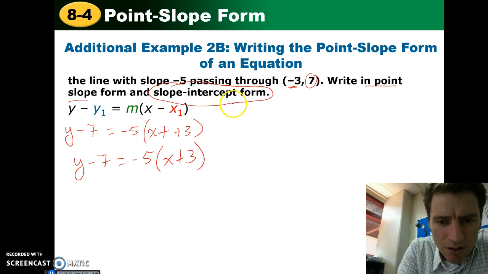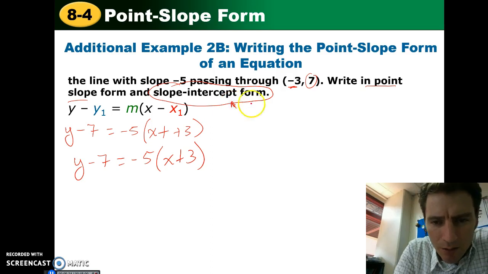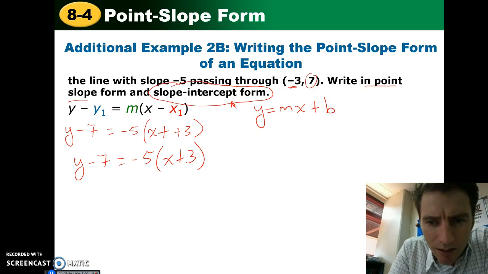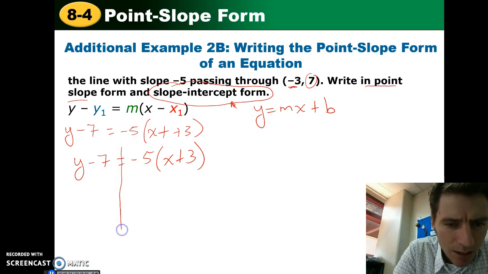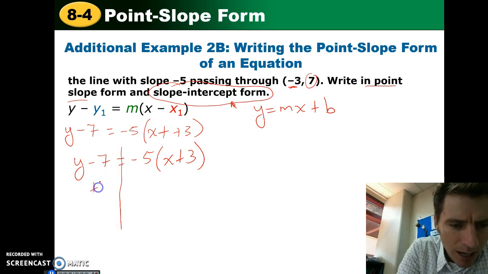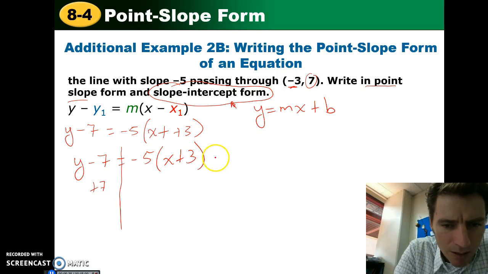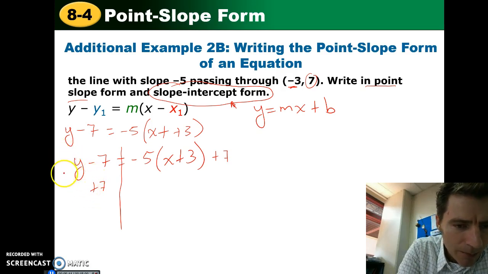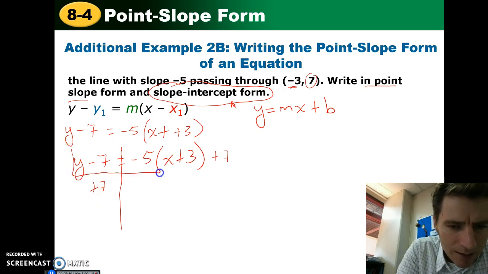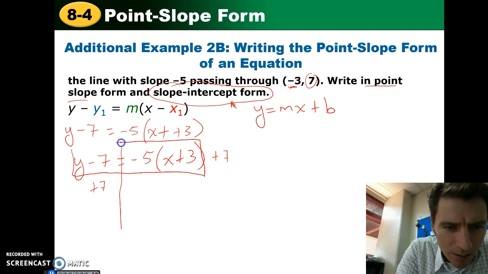I want to change it to this form here. And if you remember, this form is y equals mx plus b. So what I have to do now is solve for y. I'm going to add 7 to both sides. Now, I'm not quite done. I'm going to just highlight this as our point-slope form.